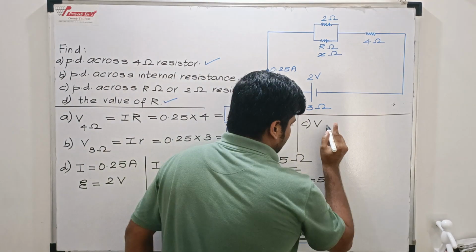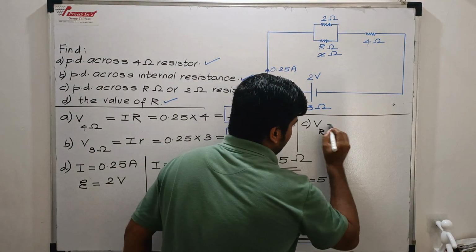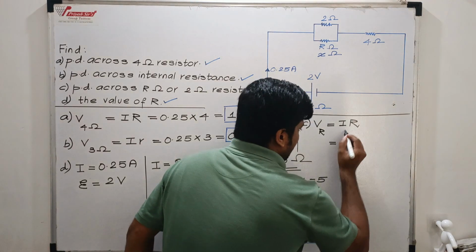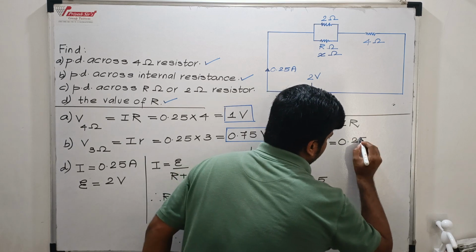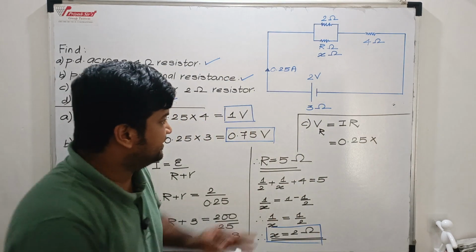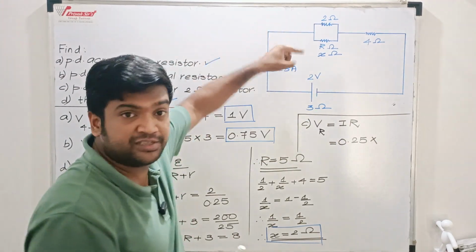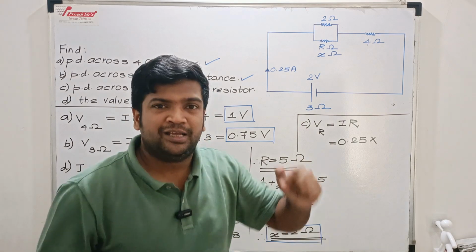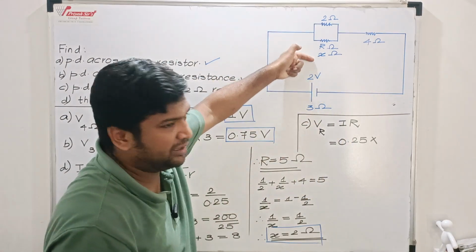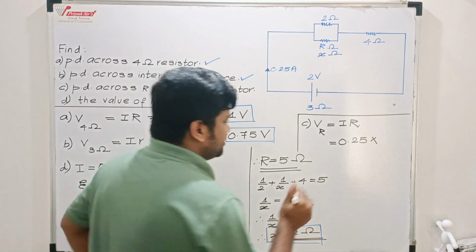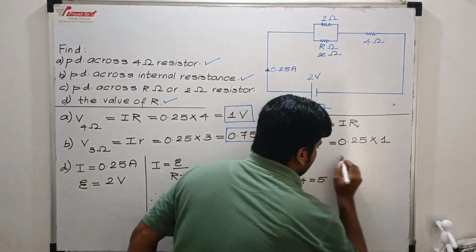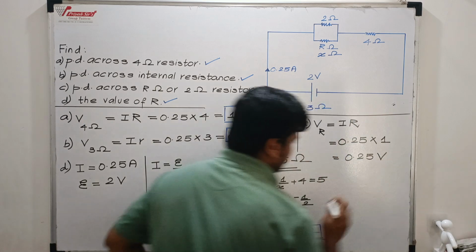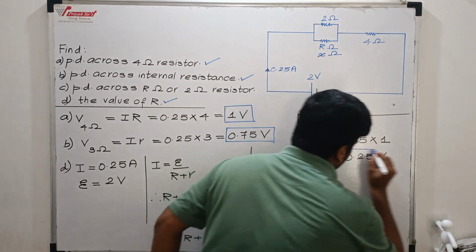So I'll write potential difference across R, which is again equal to IR. I, which is given 0.25 into this resistance, meaning the effective resistance of the two. Common sense. So how will the child find the effective? Both are in parallel, so 1/2 plus 1/2, which is 1. So 0.25 into 1, the final answer would be 0.25 volt. So this one is for the third one.